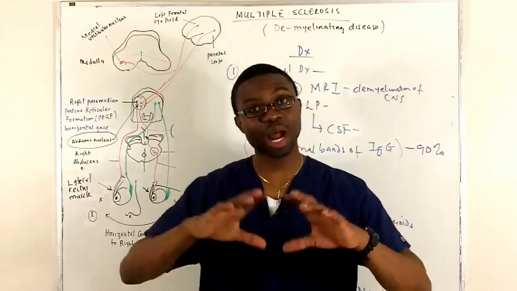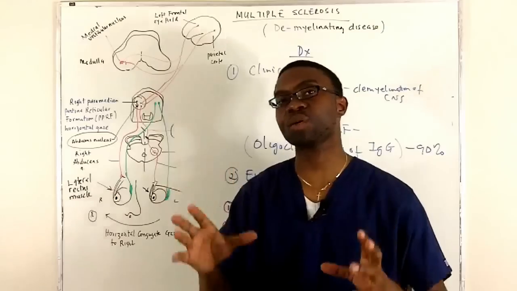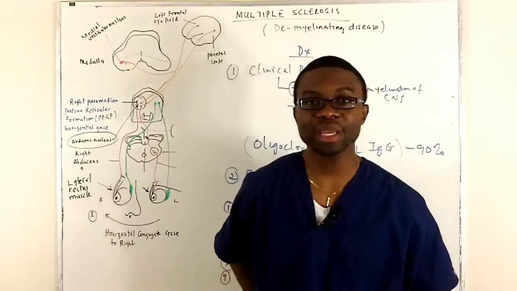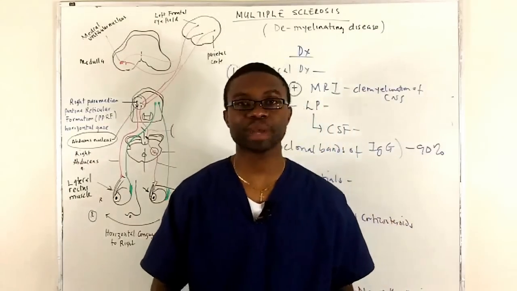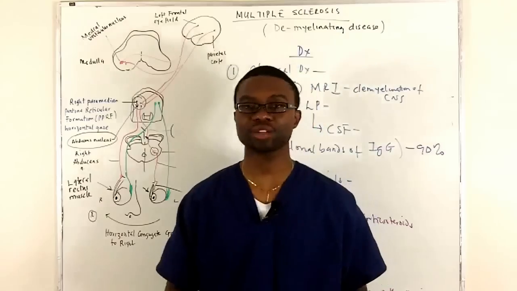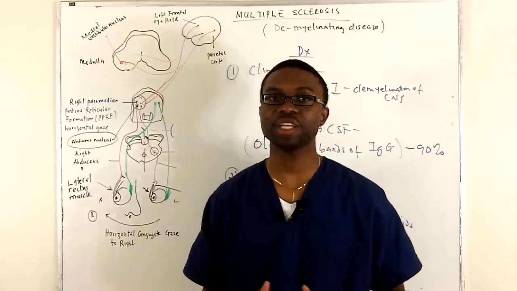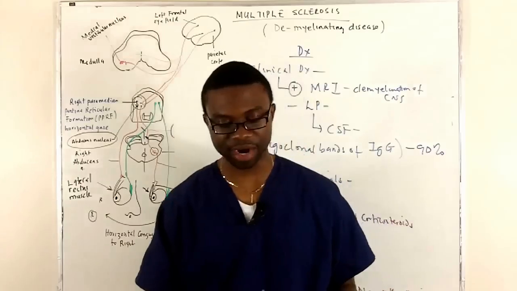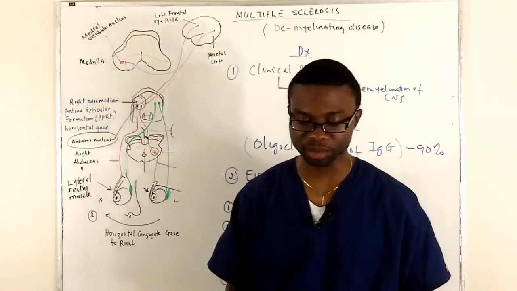And the MRI will be able to highlight the areas of the brain that have the demyelination. And then you want to do an LP to check for the oligoclonal bands of immunoglobulin G, which are often found inside the cerebrospinal fluid. You can check for evoked potentials to look for demyelination causing decreased conduction within the brain.